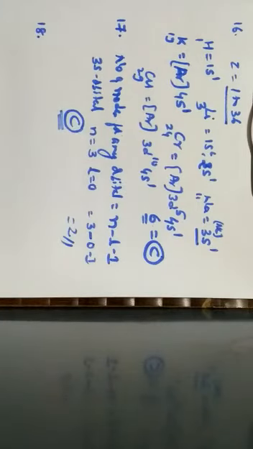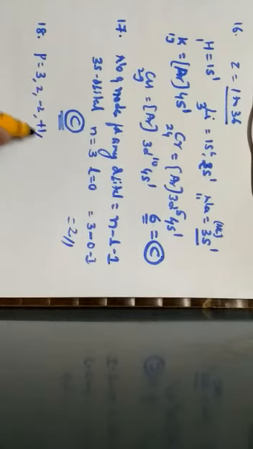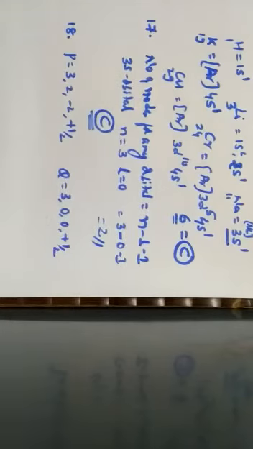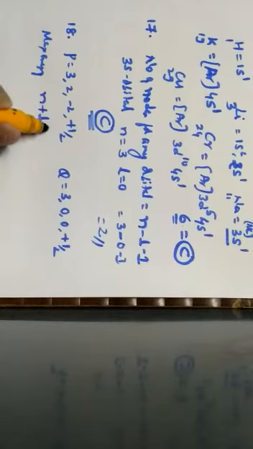Next one, question number 18. The two electrons have the following sets of quantum numbers. P is one electron, with 3, 2, minus 2, plus half, and Q is the other set, 3, 0, 0, plus half. Which of the following statements is true here? Here one should analyze that maximum energy can be calculated if the value of n plus l is greater.